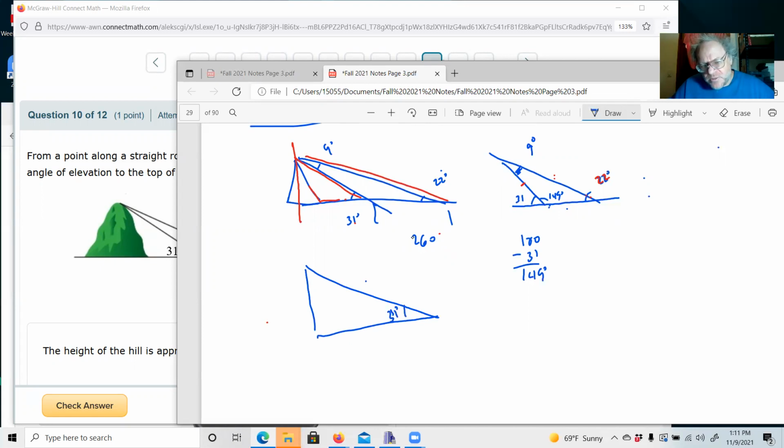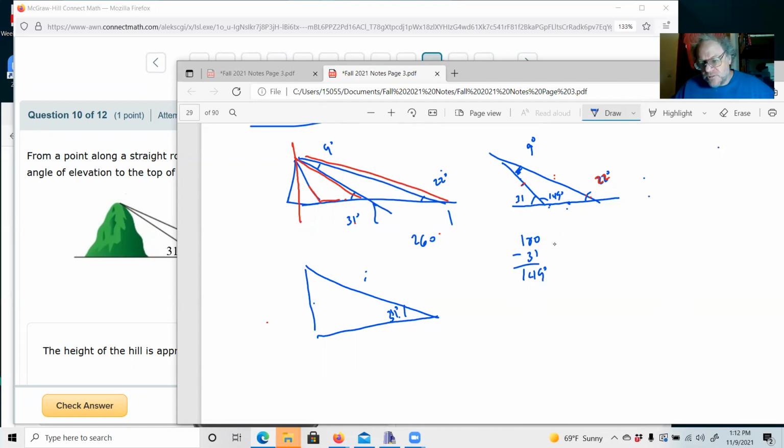If I knew the side, what we could do is use our sine function to say opposite over hypotenuse is equal to the sine of the angle. So I really just want this one. We just needed to set up so that we have an angle attached to a distance. So I needed this 9 degrees in order to match up with this 260.